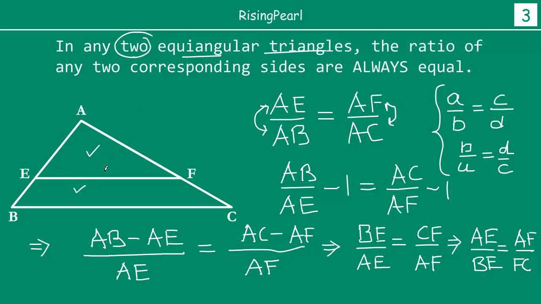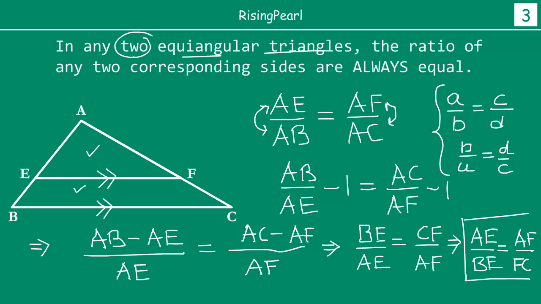First we found out that this side is parallel to this side, and now we have found out that AE by BE is equal to AF by FC. Now, as you can recall, friends, this is nothing but exactly our second theorem.